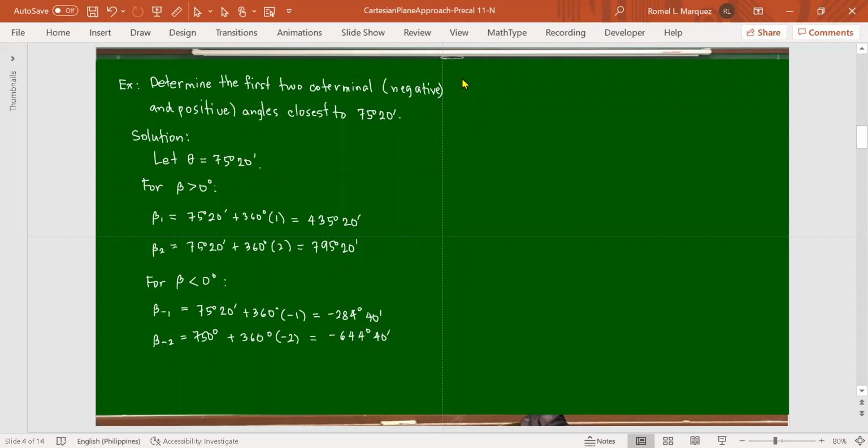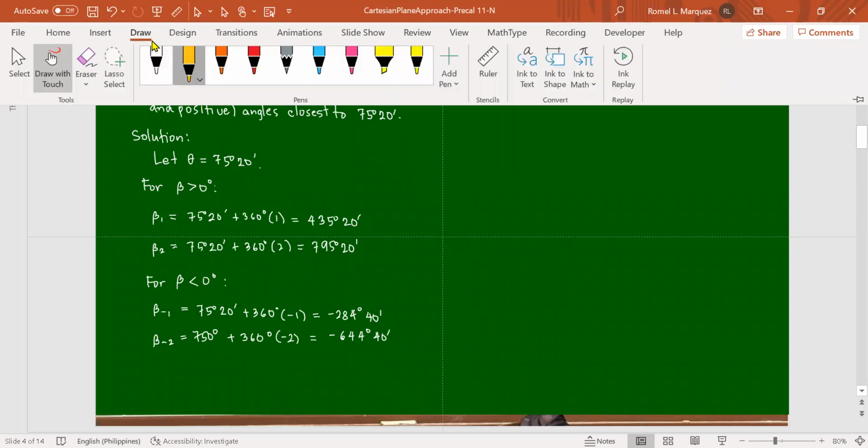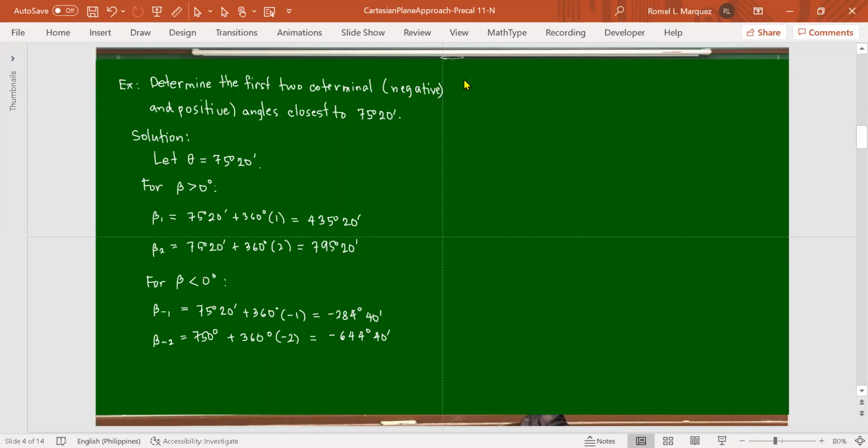Okay now, guys? So again, another important term that you need to know is what we call quadrantal angles. What is a quadrantal angle, guys? Sir, is it yung mga 90 degrees, 180 degrees, 270? How are you going to describe those?